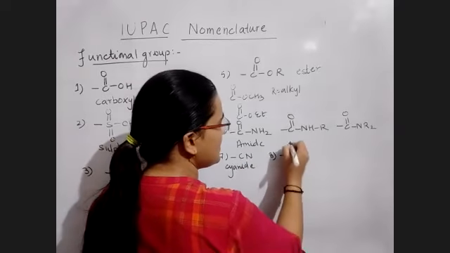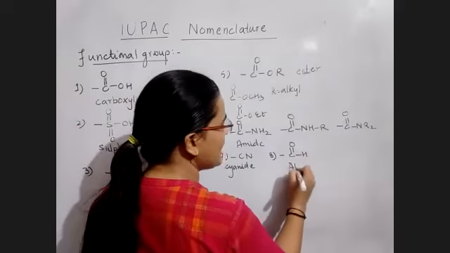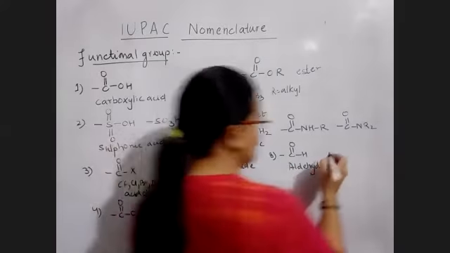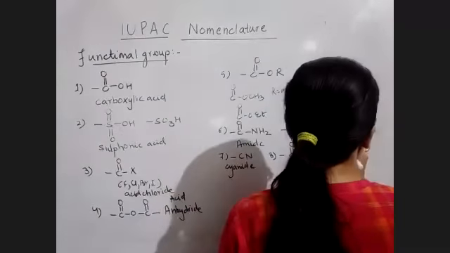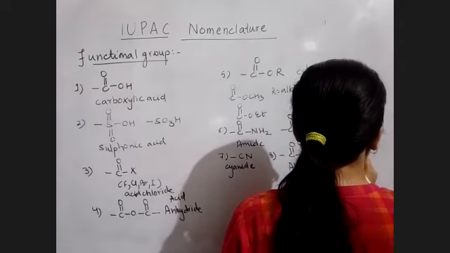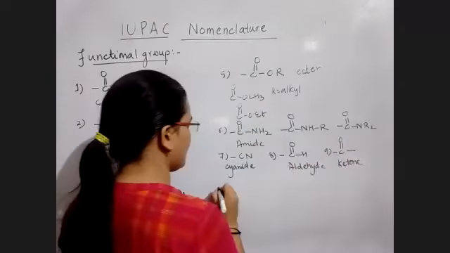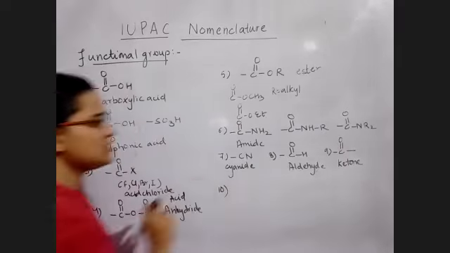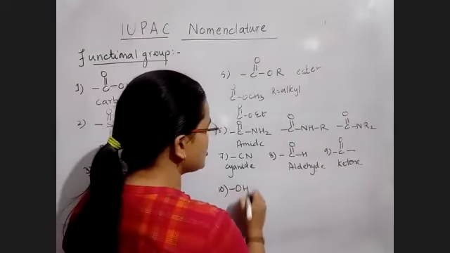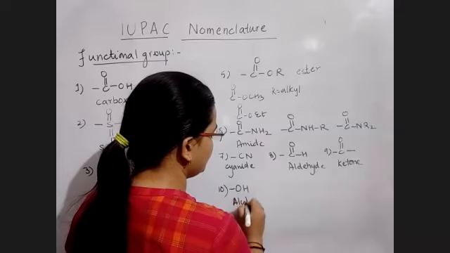8th is CHO. This is known as aldehyde. 9th is C=O. This is known as ketone. OH means alcohol.